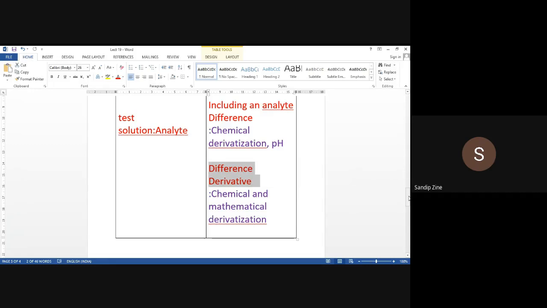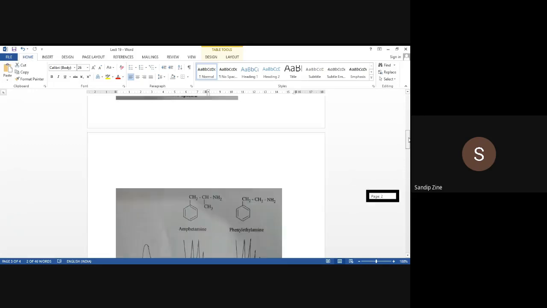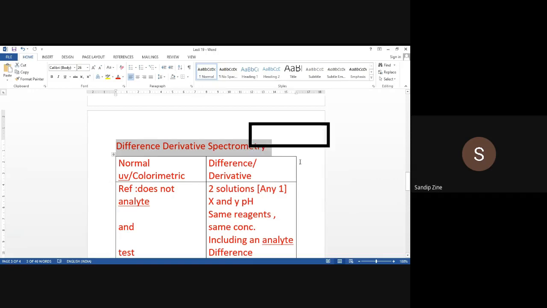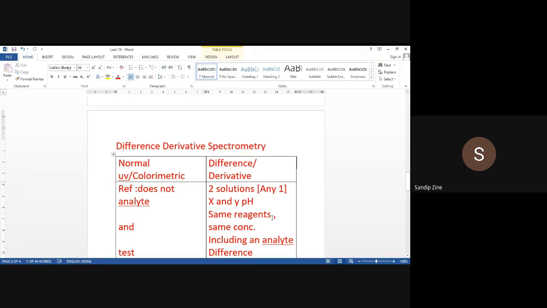And the whole output of these two techniques, difference as well as derivative, is for background correction. Isn't it? One of the advanced techniques to avoid background interference. So this is the overall content of our session, difference as well as derivative spectrophotometry.